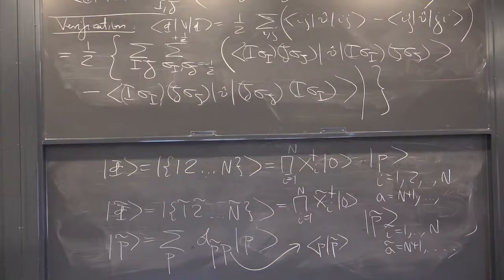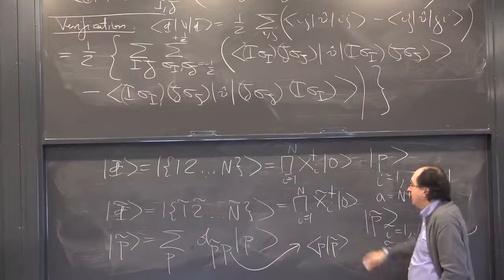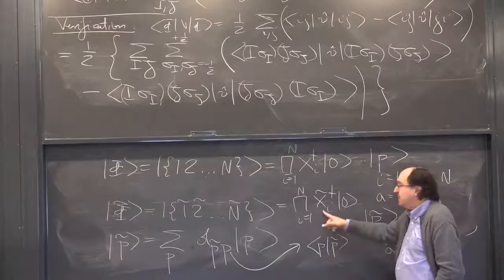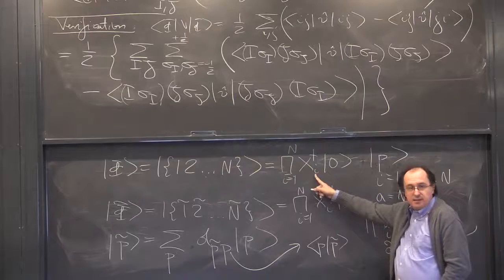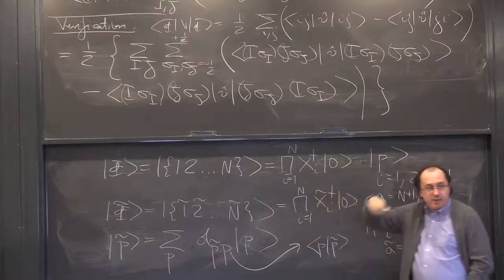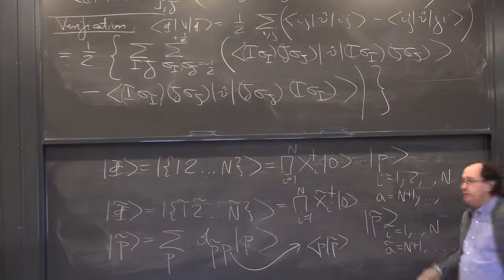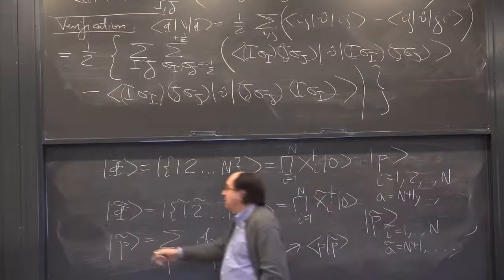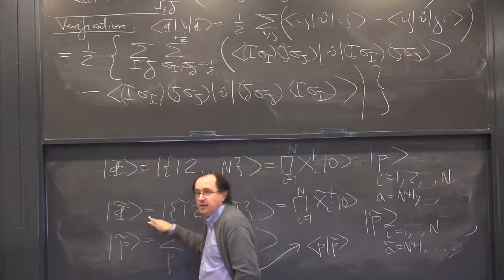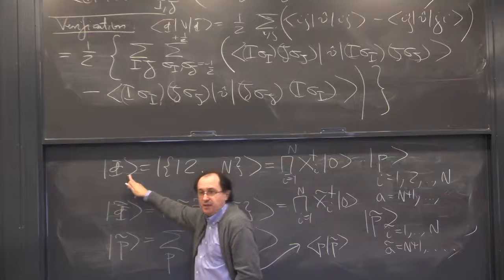The first thing I'll have to do is to relate x dagger tilde with x. When I find the relationship, I'll be able to start computing. I'll be able to say what phi tilde is in relationship to the phi.